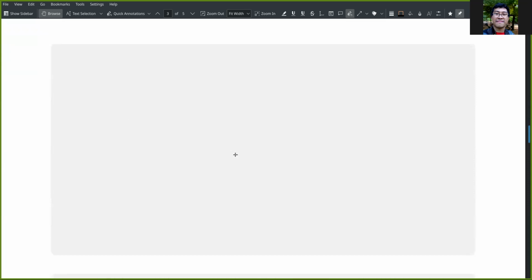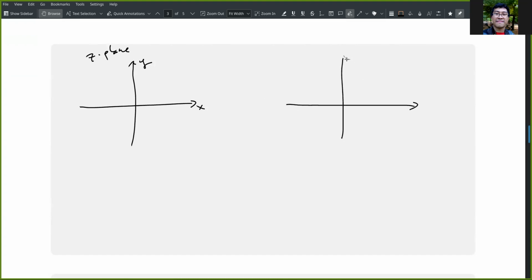So to put it in proper context, this is x, this is y, this is the z-plane. We map this into a w plane. So x equals 0 means for whatever value of y, x is always 0.